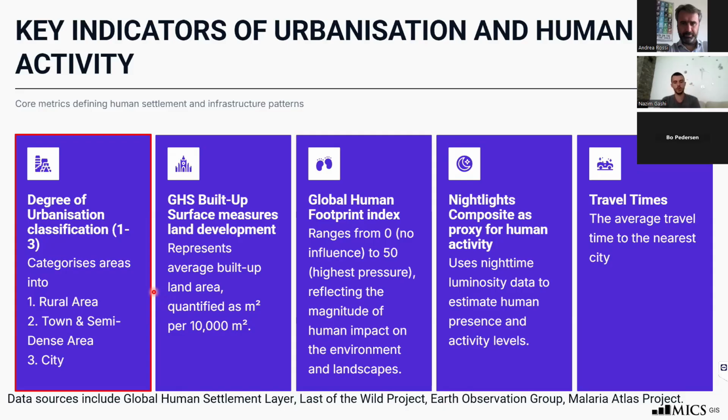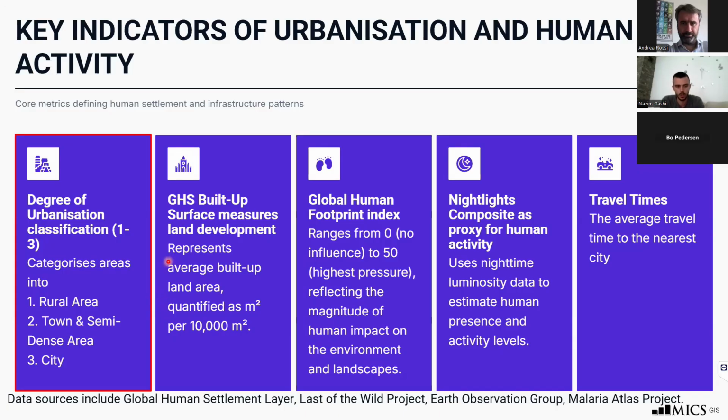Of course, we are continuing to use the national definition of urban and rural, the national definition for each country. But as well, we are now integrating the GURBA, the abbreviation for degree of urbanization, into the geospatial covariates work, and we are classifying each MICS cluster and reporting domains and strata in 3 classes: rural, towns and semi-dense areas, and cities.